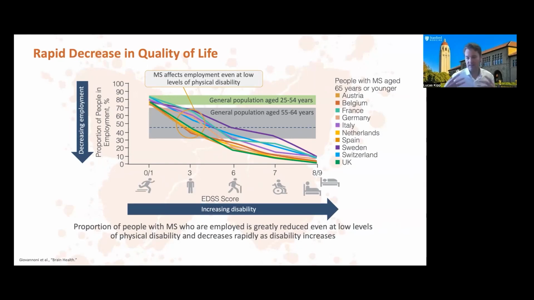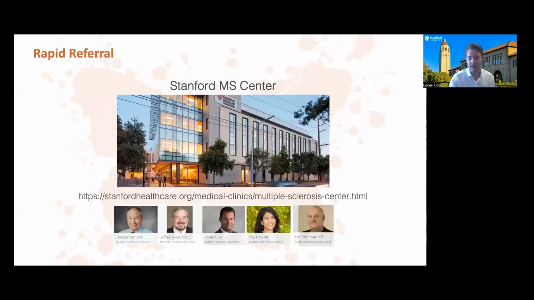So this, again, has significant implications for young people who are going off work because of this diagnosis, and even for things like affordability of their own care, caregiver burden, etc. So it's really important that we recognize these early symptoms, get them diagnosed, and get them on treatment. And I think that is where an MS center and rapid referral can really help in reducing that delay to diagnosis and getting people on therapy.